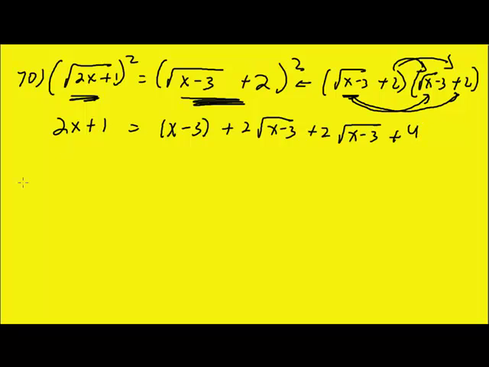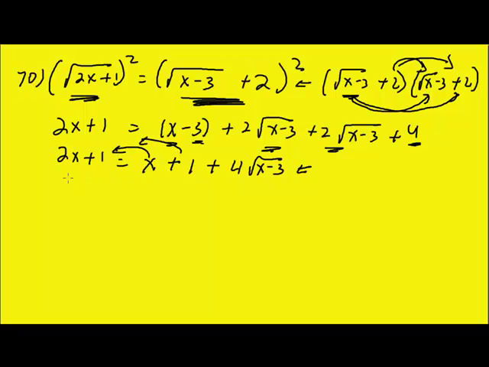Okay, let's clean this up a little bit. I have 2x plus 1 is equal to, this is an x, and negative 3 and positive 4 is going to give me positive 1. And this is 2 plus 2 of the square root of x minus 3, which will give me a total of 4 square root of x minus 3. Right, so I have to isolate this radical here, so I'm going to start taking everything to the left side.